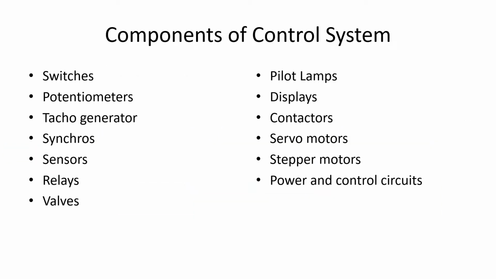In general, the components of a control system are switches, potentiometers, tacho generator, synchros, sensors, relays, valves, pilot lamps, displays, contactors, servo motors, stepper motors, power and control circuits. The switches and potentiometers can be used as a reference input. The user can set the reference by using the switches and potentiometers.